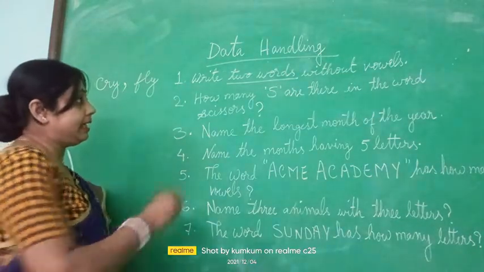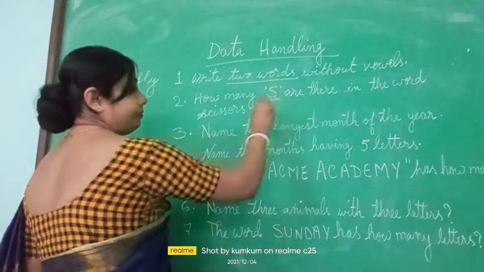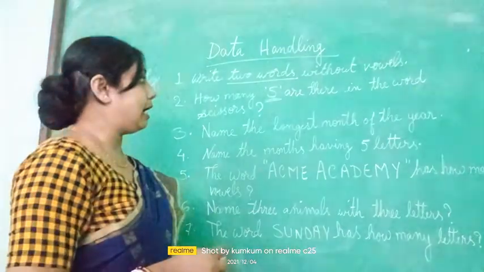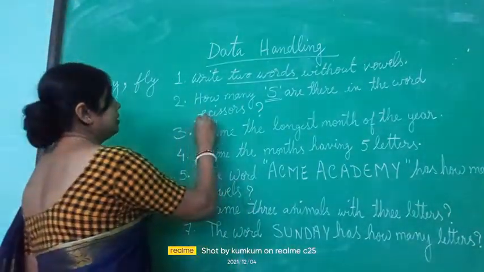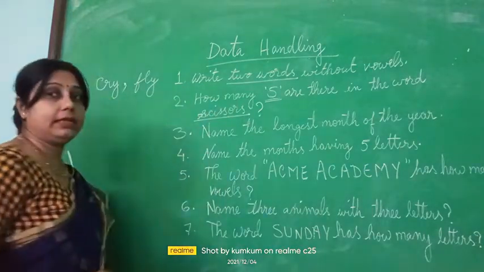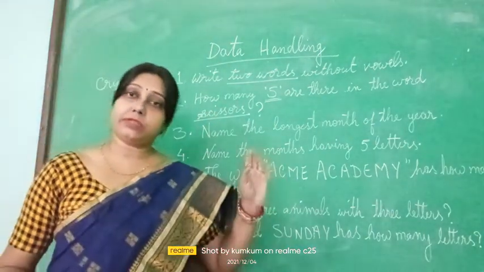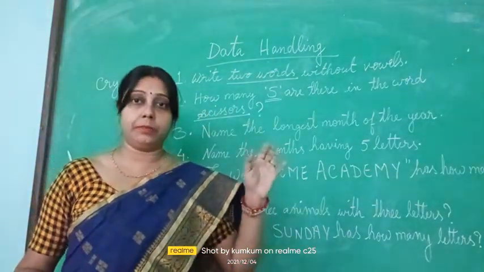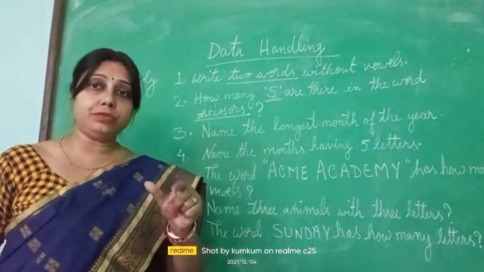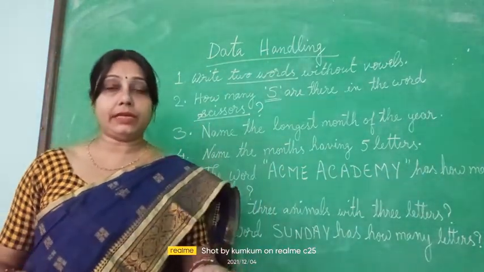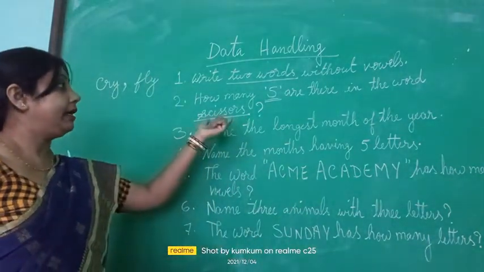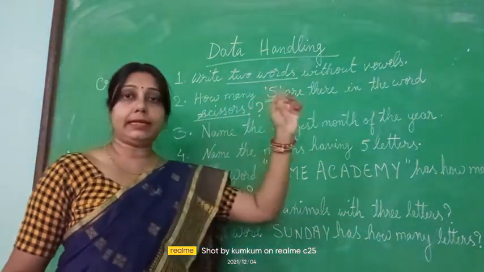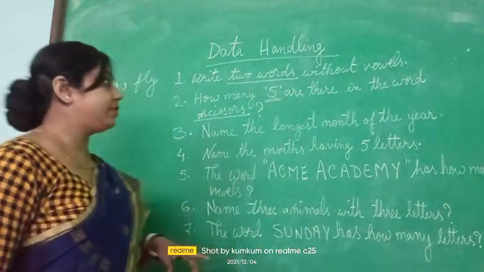How many S are there in the word scissors? Now this type of question is very common. Any word will be given to you, and from there you have to find out the answer to the given question. So here the word scissors is given, and we have to find how many times the letter S is used. So let us find out.